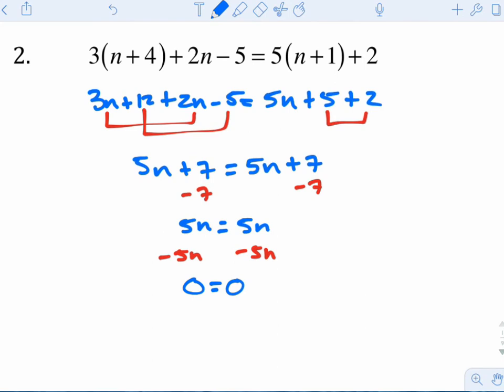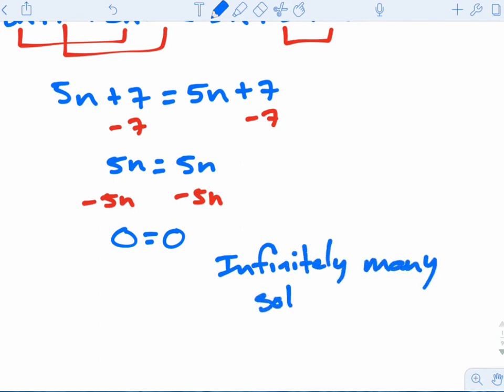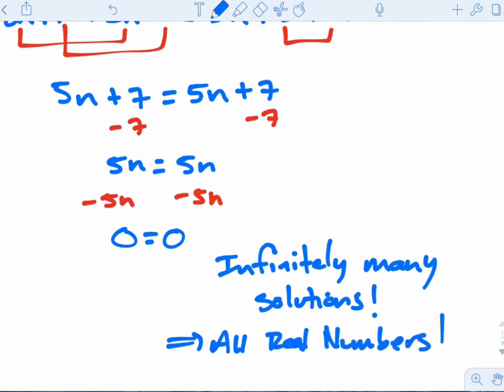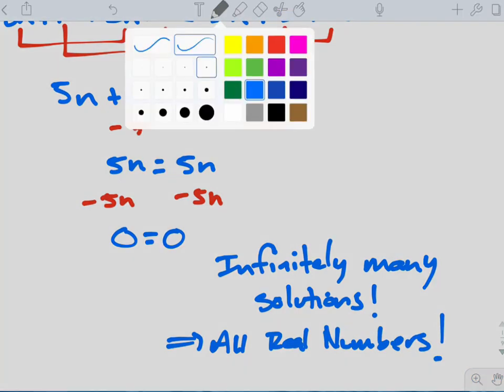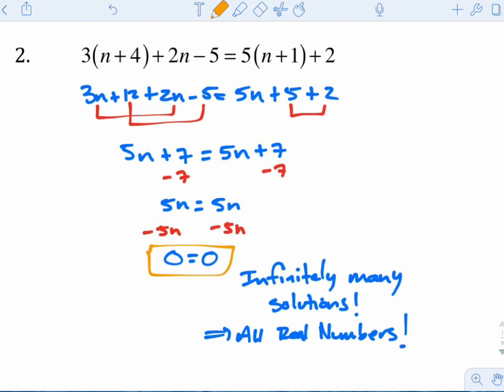Well, it means that our original equation has infinitely many solutions, and not only that, it means that every real number that we substitute in for n will make it true. So the solution set is all real numbers. Now, on a side note, if we had come up right here with a statement that was obviously false, like 6 equals 0, then that means that there are absolutely no solutions to our original equation.